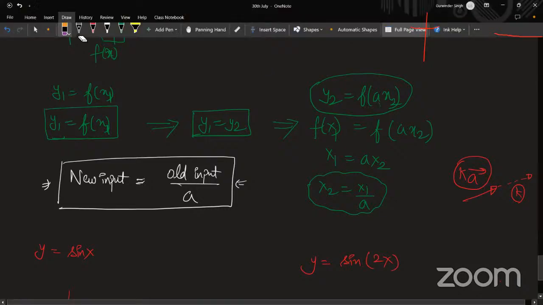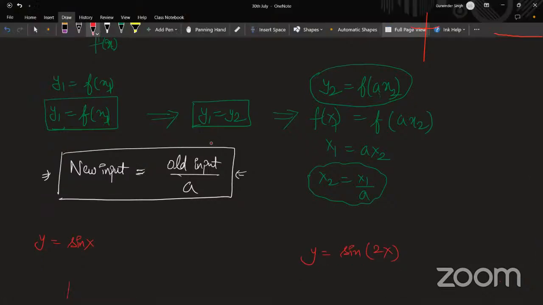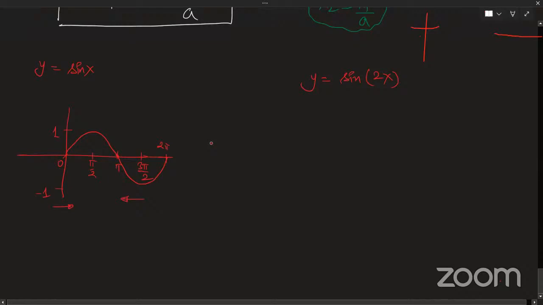Okay, so its length will grow by a times. So similarly, I am asking you to shrink the curve a times only in terms of the x axis. My y will remain same.